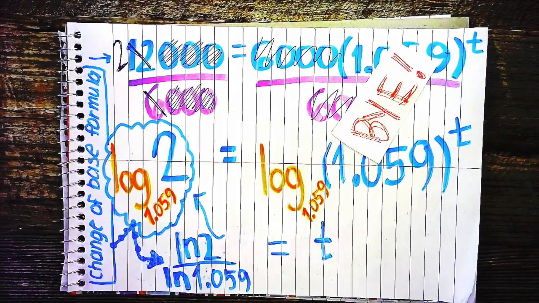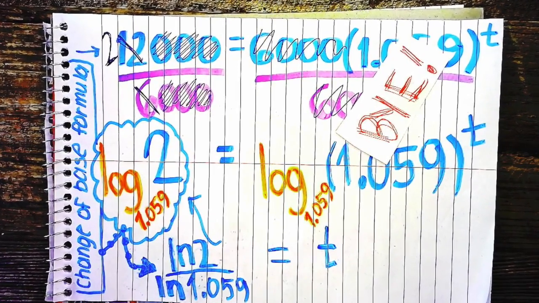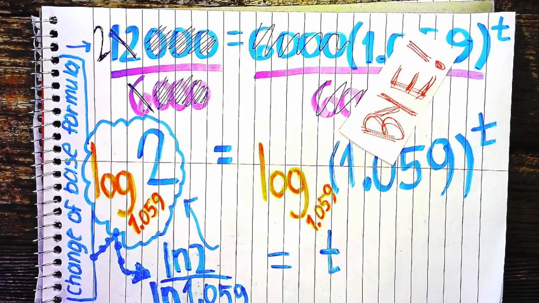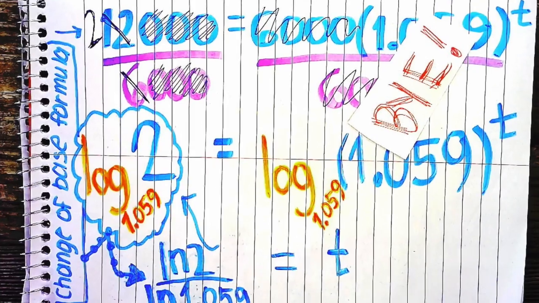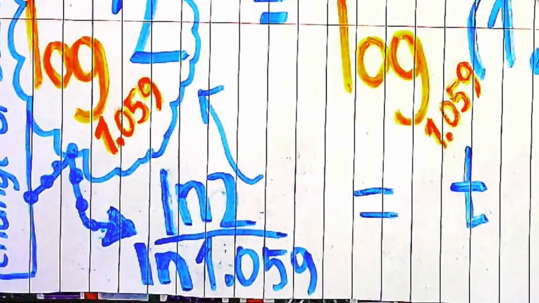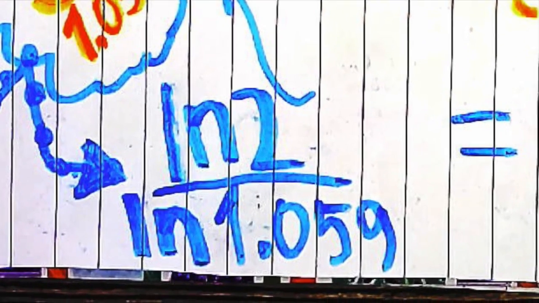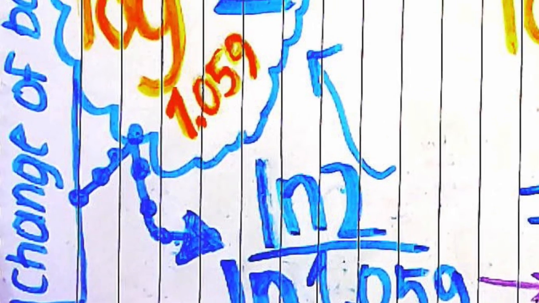We can use the change of base formula to find what that's equal to in our calculator. I'm going to use ln because the natural log is a very convenient button on the calculator. ln of 2 over ln of 1.059 is equivalent to log base 1.059 of 2.